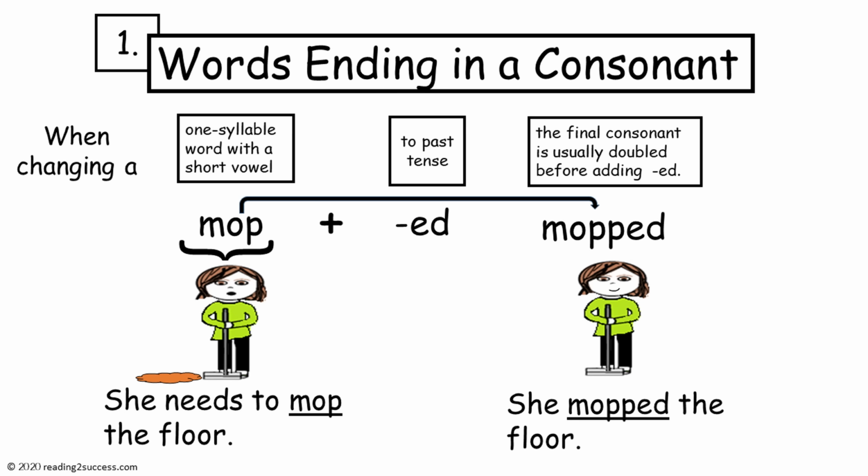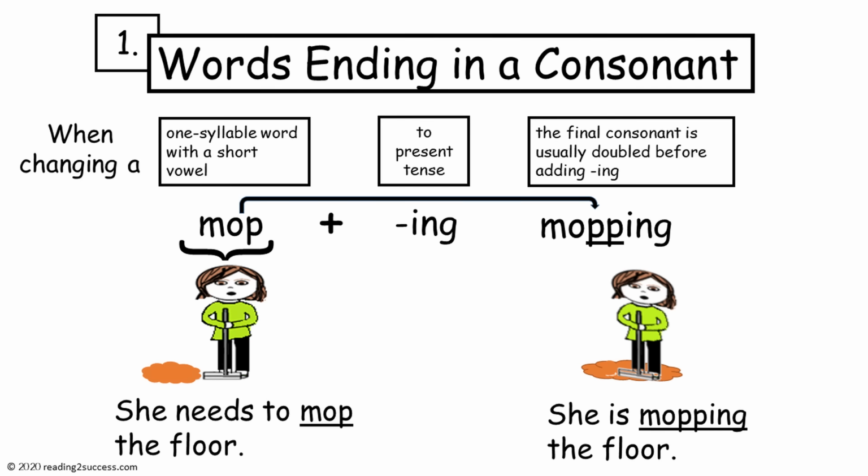Let's look at our example. Mop ends in P. We're going to add the ing to make mopping, so we double the P and add ing. Our 2 sentences are, she needs to mop the floor, and she is mopping the floor.